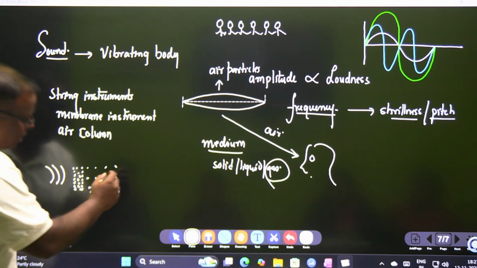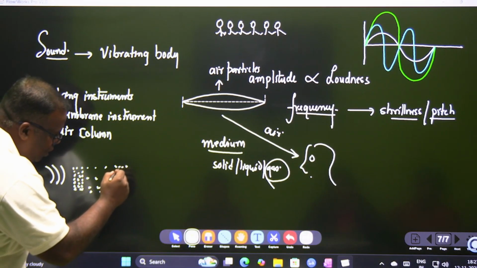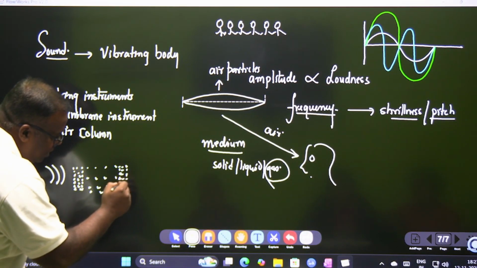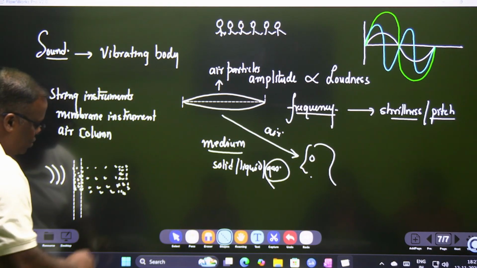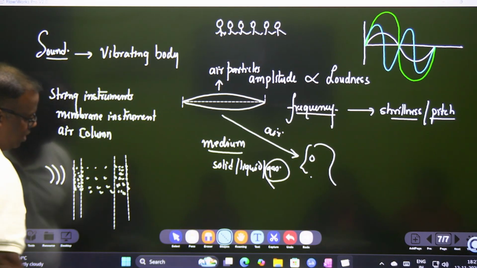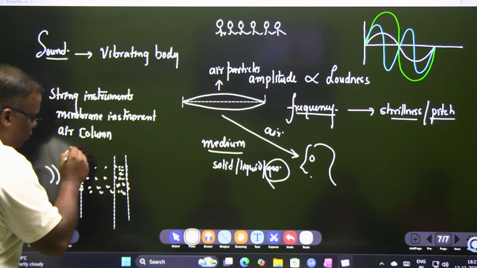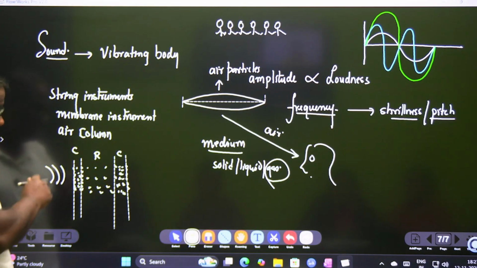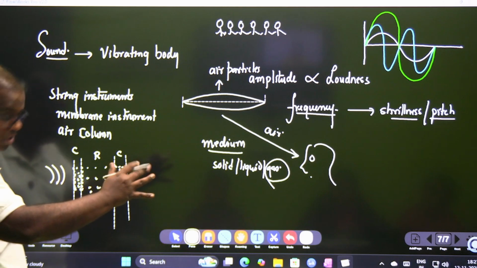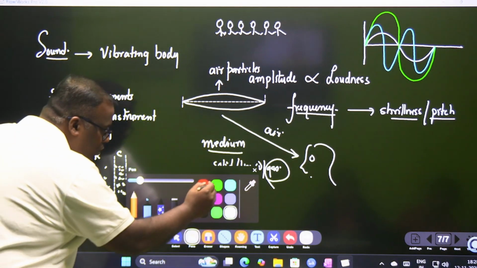Because we will be able to show you only one part of the diagram, if I try to segregate zones, you will see this is one zone, this is one more zone. This is my zone of compression, rarefaction, compression, rarefaction. But this is a one-shot view. Immediately in the next shot, what will happen?